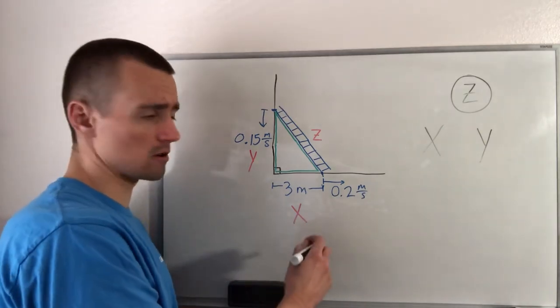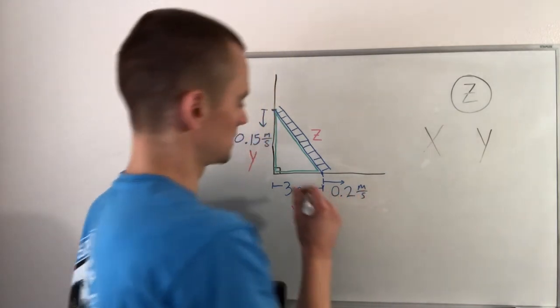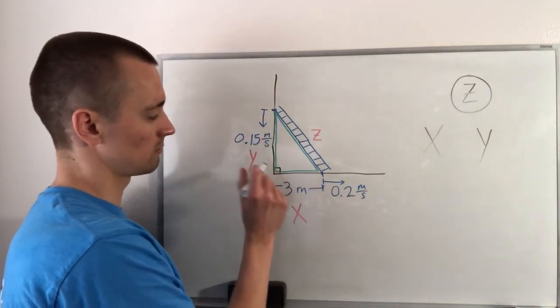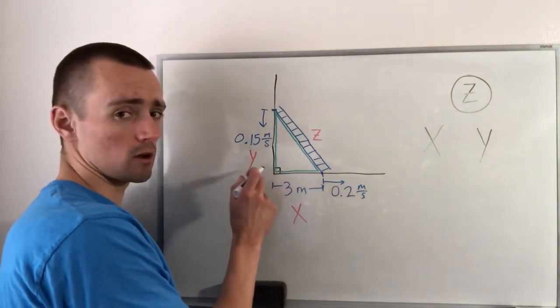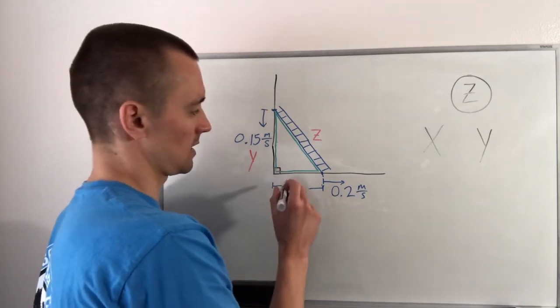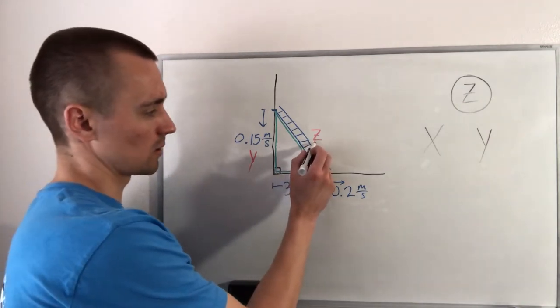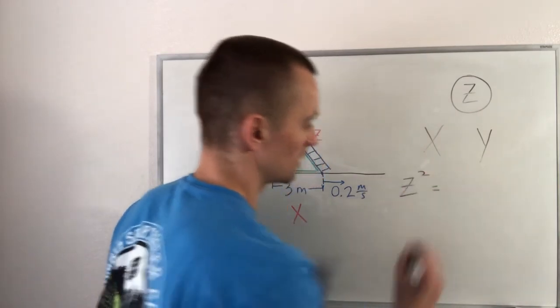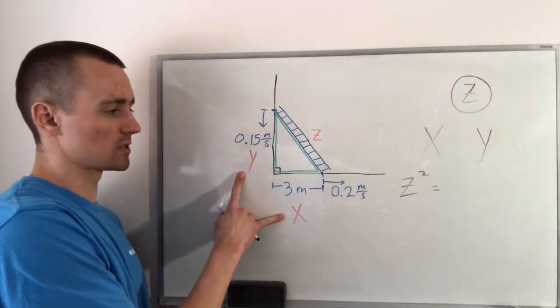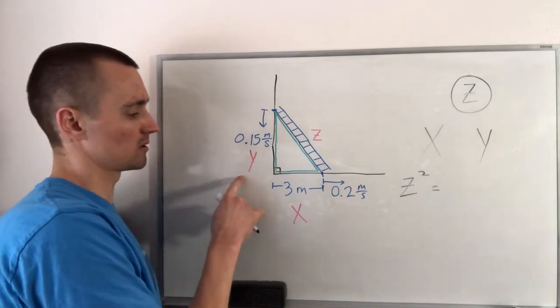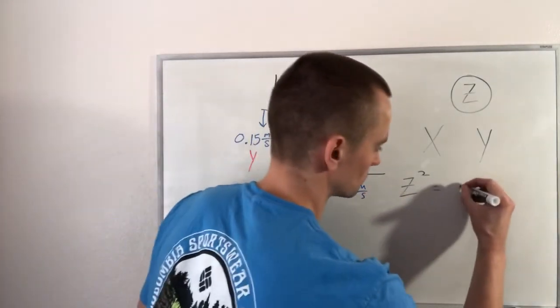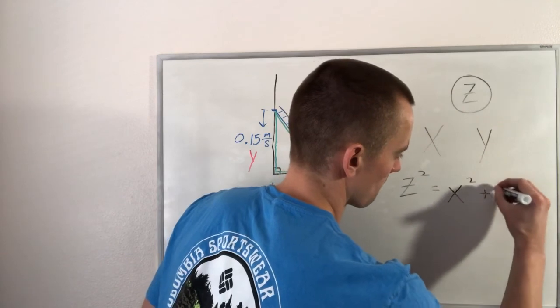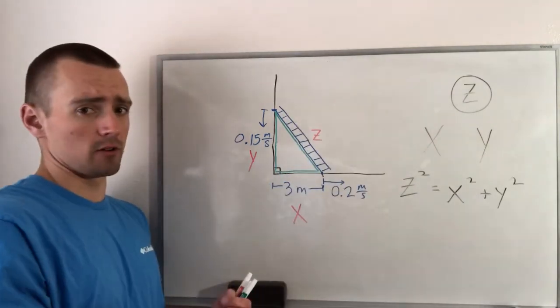Since we have this right triangle, which is important because this will only work on a right triangle, we can say that our hypotenuse squared, so z squared, is equal to each of our other two sides squared and added together. So x squared plus y squared. So that's just Pythagorean theorem.